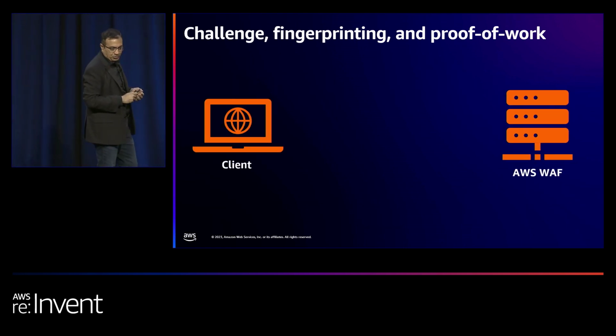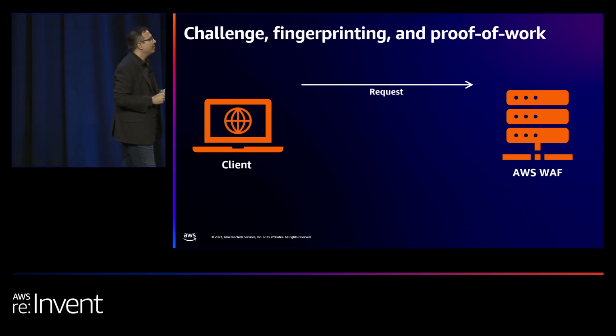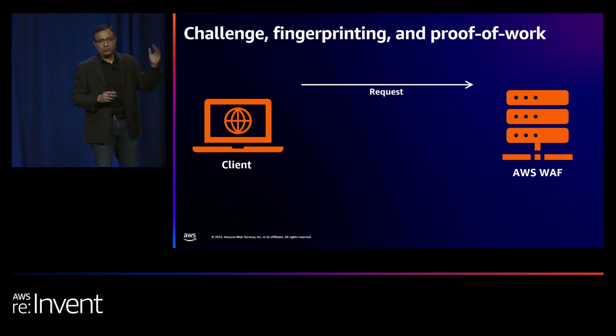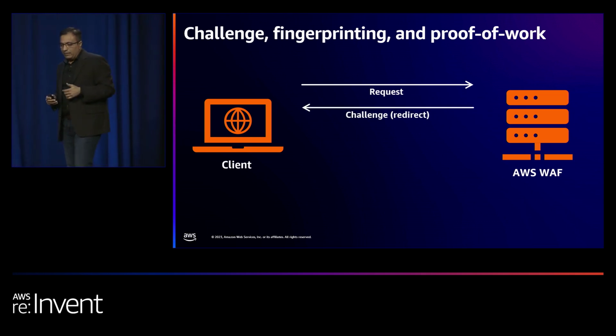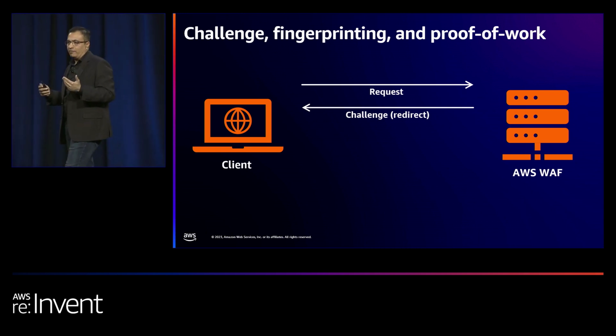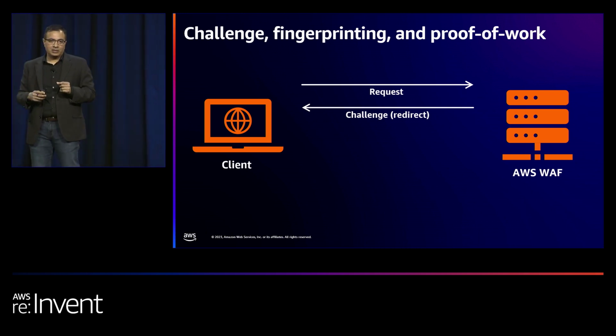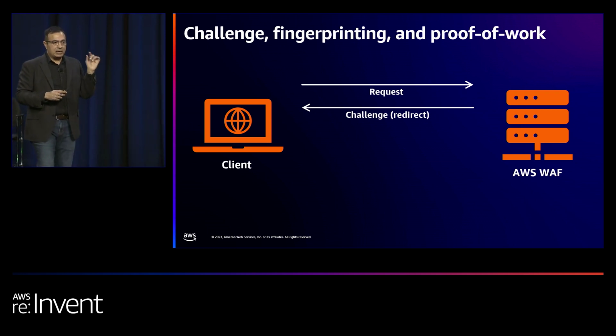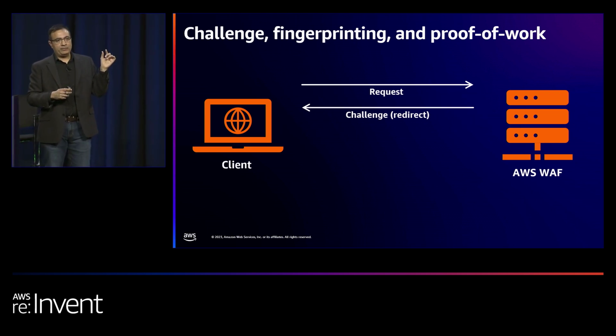Client comes into AWS WAF, and this is a simplified diagram to show the flow. AWS WAF redirects the client to a silent challenge and tells the client to solve a particular proof of work. This proof of work is a computational proof of work in which the client has to perform some action.